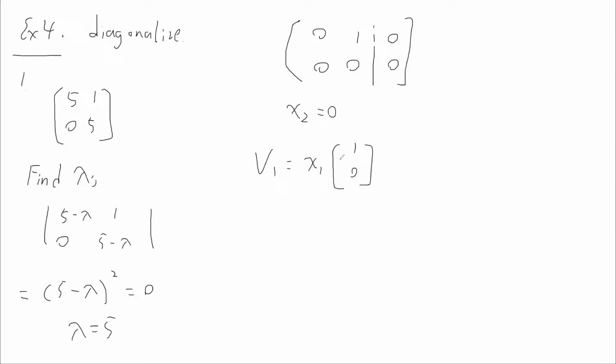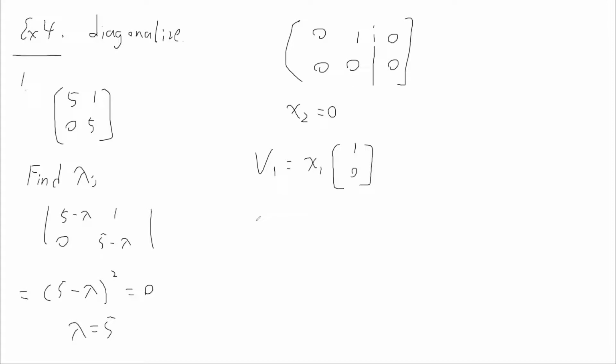Right, since this is the only eigenvector we can see, anything else would be linearly dependent on this. Right, so we can only find one eigenvector. Well, of course, we can find more, but they are not going to be linearly independent.